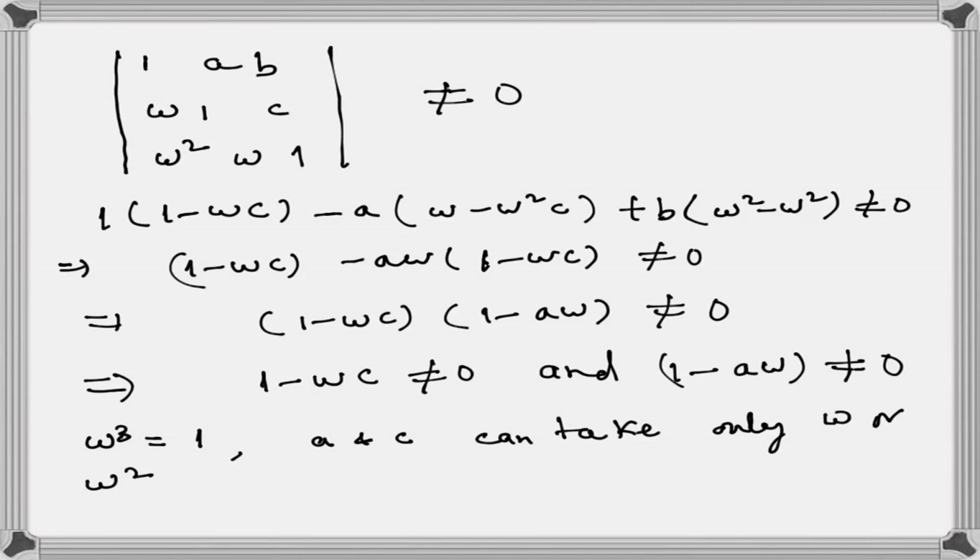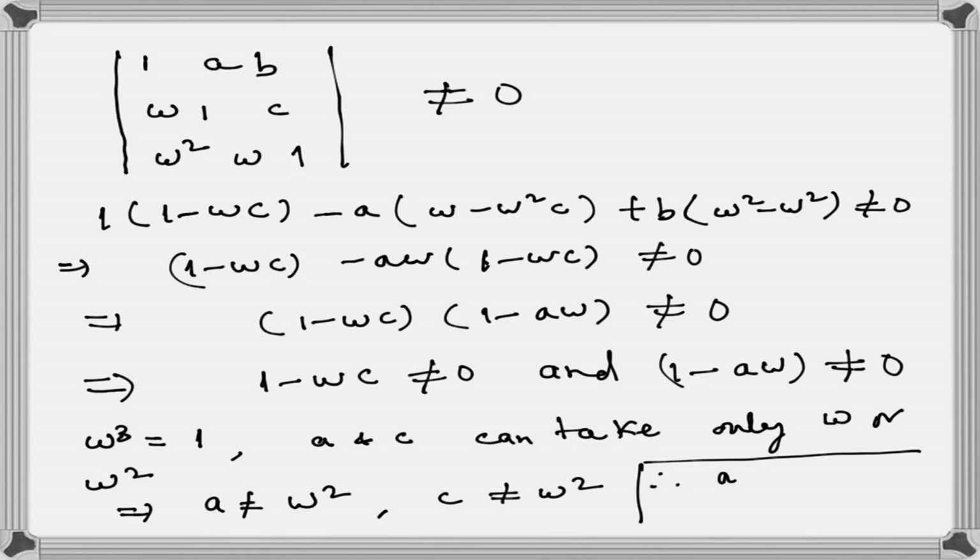Given W cube is equal to 1 and 1 minus WC not equal to 0, this implies that A is not equal to W square and C is not equal to W square, because if A and C are W square, then 1 minus WC will be 1 minus W cube, which is equal to 0. So the only possibility is A is W and C is W.